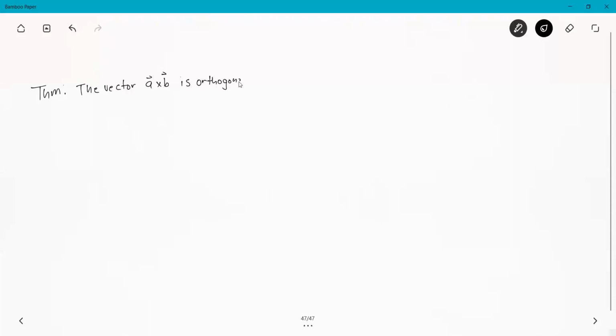Orthogonal, you may have never heard that term before, to both vector A and vector B. Now, what does orthogonal mean? Well, orthogonal is just a nice way of saying perpendicular. Okay, it's perpendicular. So the vector product of A cross B is perpendicular to both your A vector and your B vector.